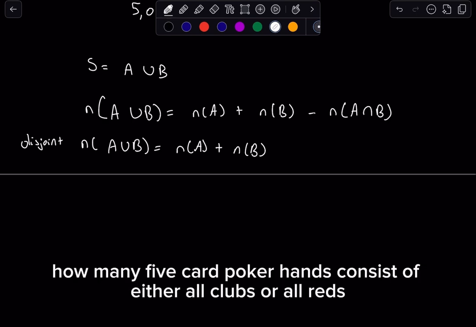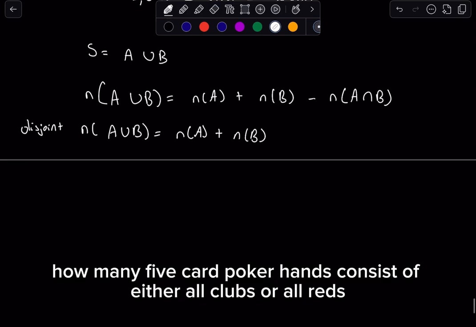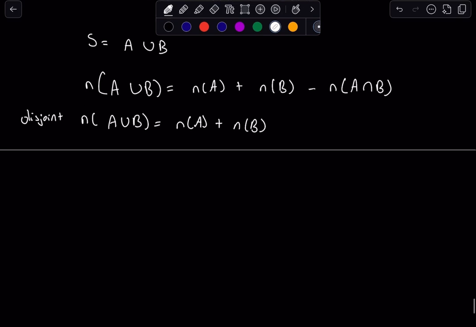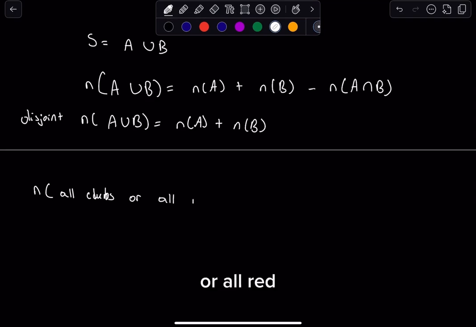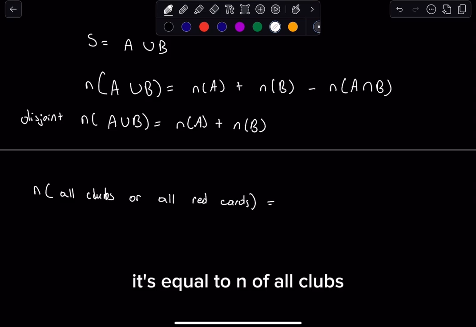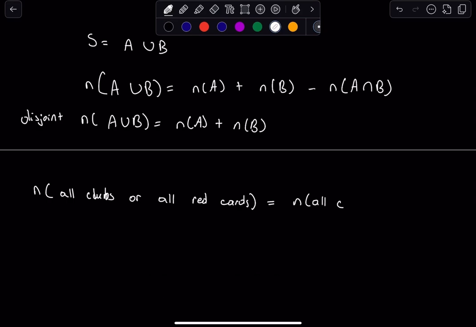How many 5-card poker hands consist of either all clubs or all reds? So, the n of all clubs or all red cards is equal to n of all clubs plus the n of all red cards.